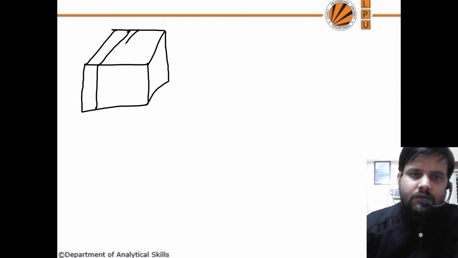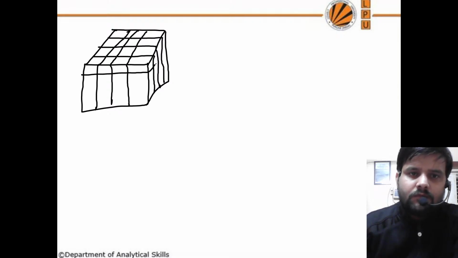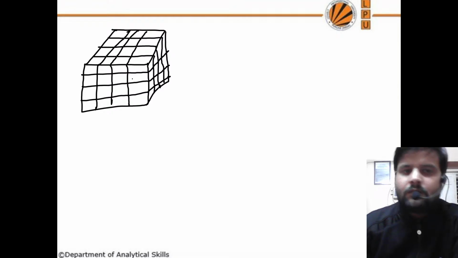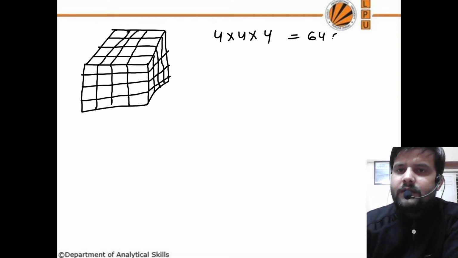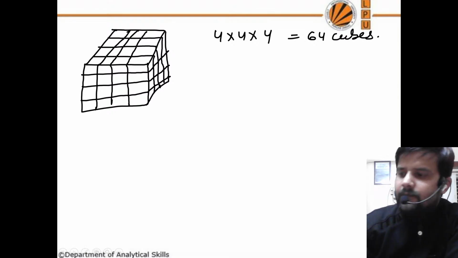One, two, three, four. So it is basically 4 into 4 into 4. So there will be how many cubes? 64 cubes.